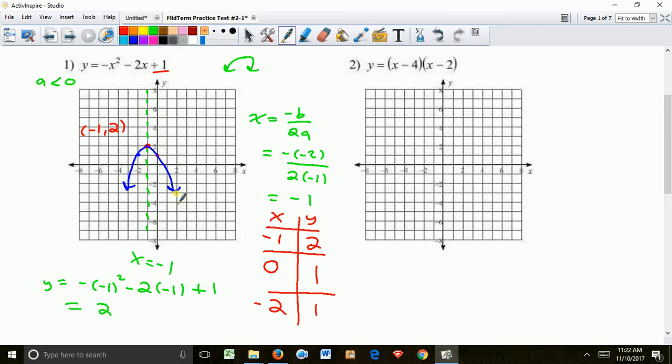Number 2, this is in intercept form. In this case, the value of a is 1, so you know that a is greater than 0. The parabola opens upward. You can easily get the x-intercepts if you set your factors equal to 0 using the zero product property.